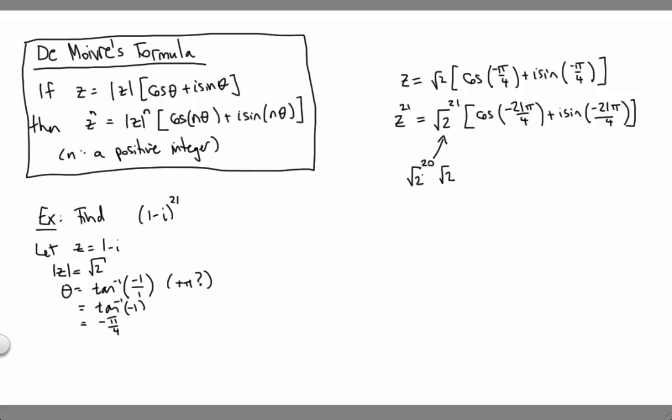The reason why I do that is because if you raise root 2 to any even power, you're going to end up with an integer, because root 2 squared is going to be a nice number, root 2 to the 4th, etc. will be nice. So that simplifies to 1024 root 2.